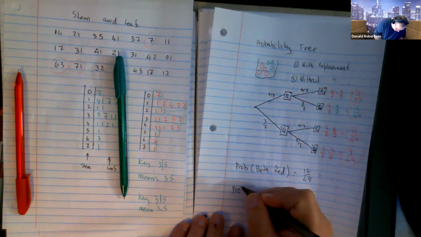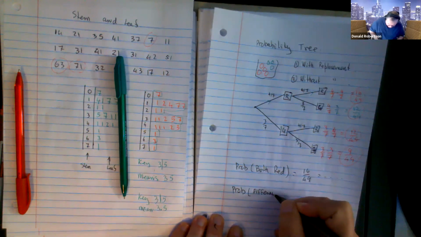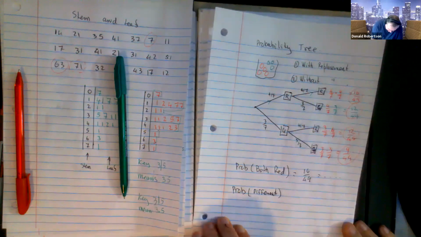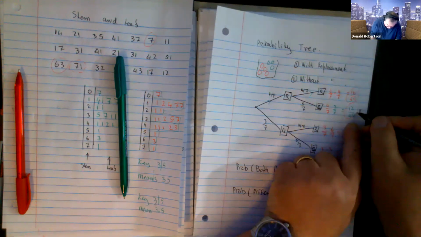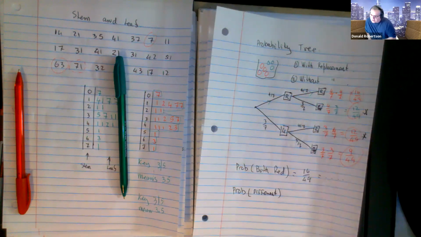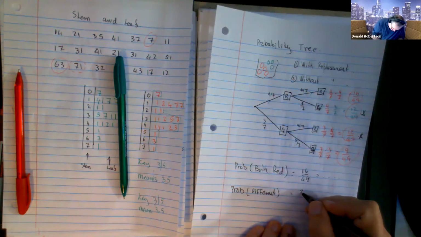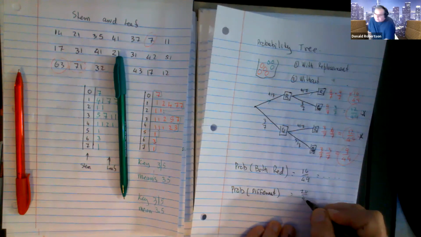But they might ask, what's the probability that they were different? Well, isn't that another way of saying a red and a green, or a green and a red? And since there's two ways that can happen, don't you just add those two together? And in that case, you would get 24 out of 49.